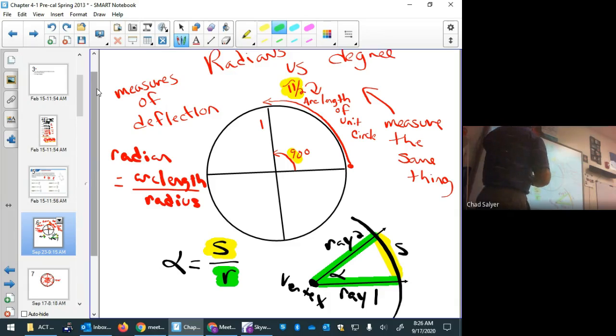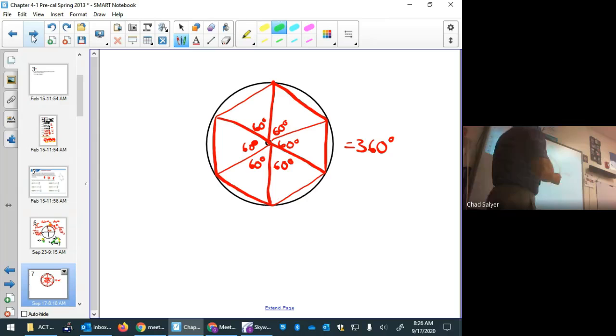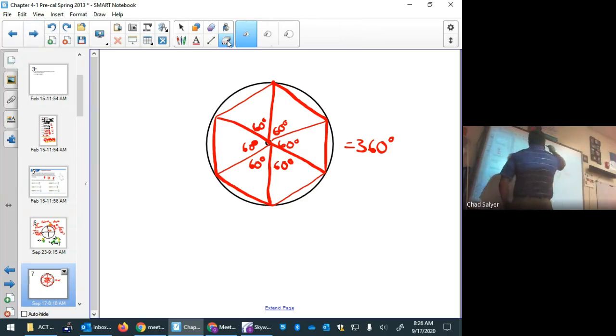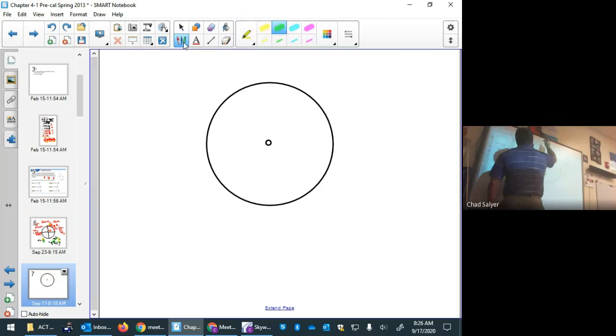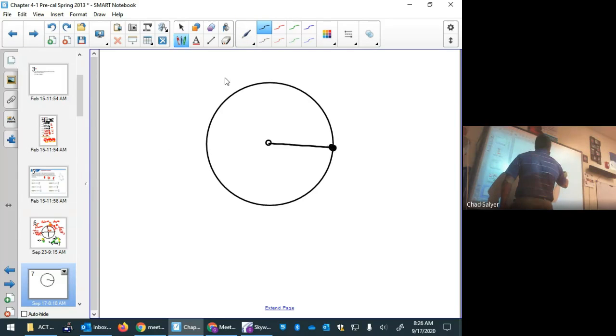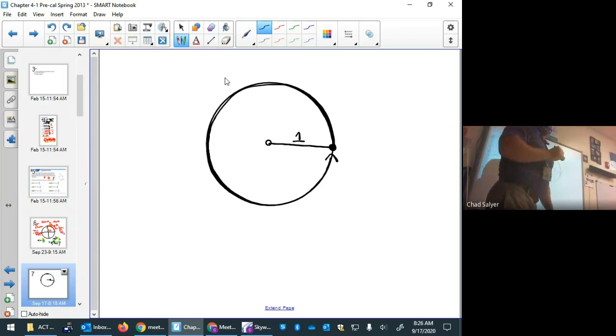And so if I were to measure the whole circle in the same way, and instead of using this arcane system of the ancient Babylonians, I were to use the much more logical system of the radian. So if this is 1 unit of radius, and I go all the way around, you remember the formula for the circumference of the circle, 2 times pi times r.